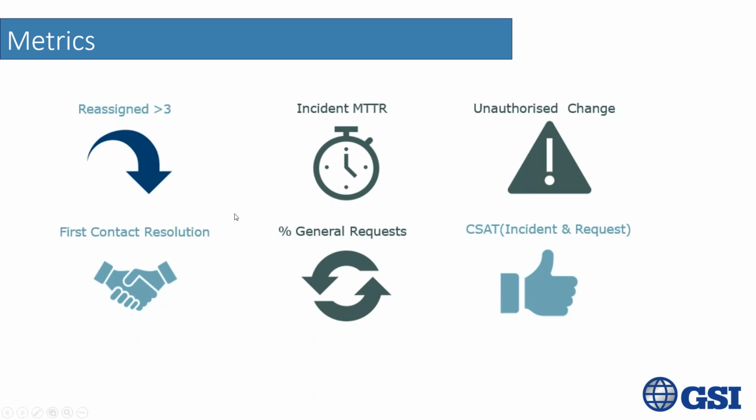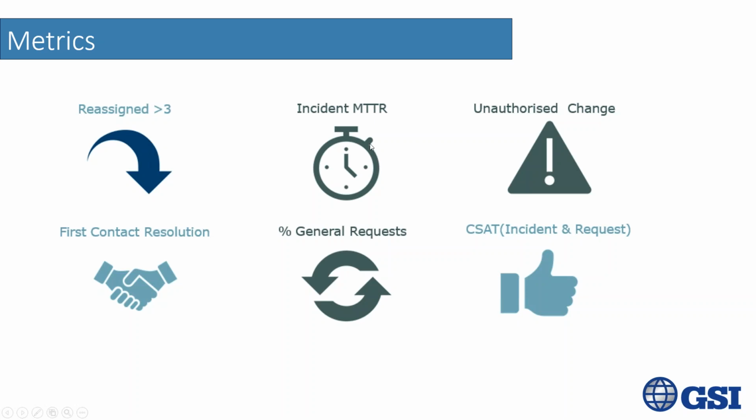When I was a ServiceNow customer, one of the big metrics was, do we have an incident or a service request that gets bounced around between different teams? So you could report on tickets reassigned greater than 3 times.